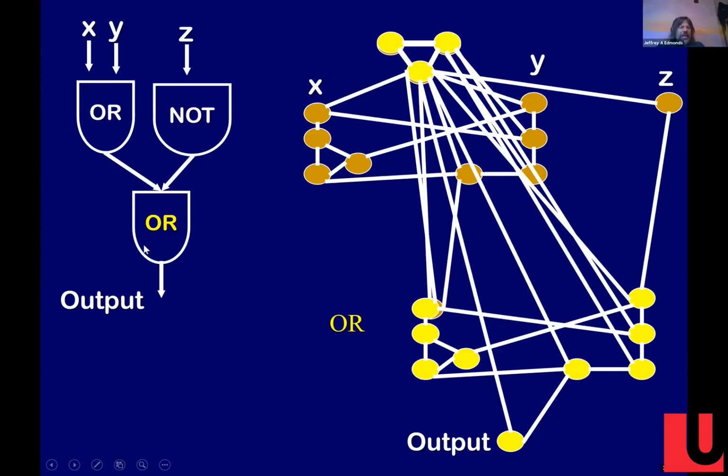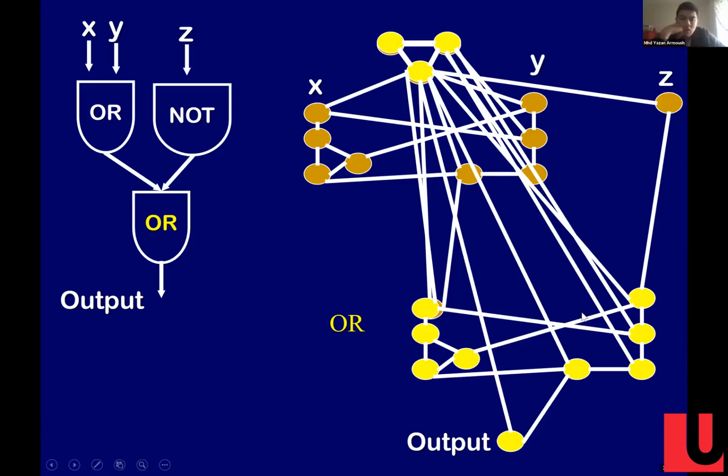Well, the input to this OR gate is the output of that OR gate and the output of that NOT gate. So the input to this OR gate is the same node as the output of this gadget. And this node is the same node as the output of the NOT, right? And then what's our total output? Well, this OR's output is the total output. So there it is. That's our total output, right?